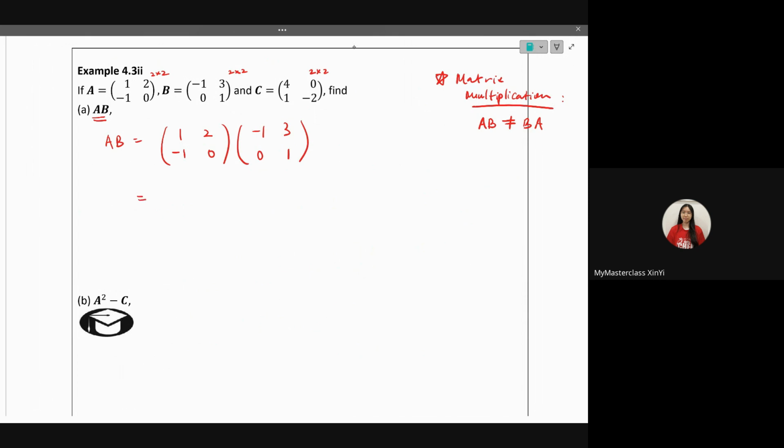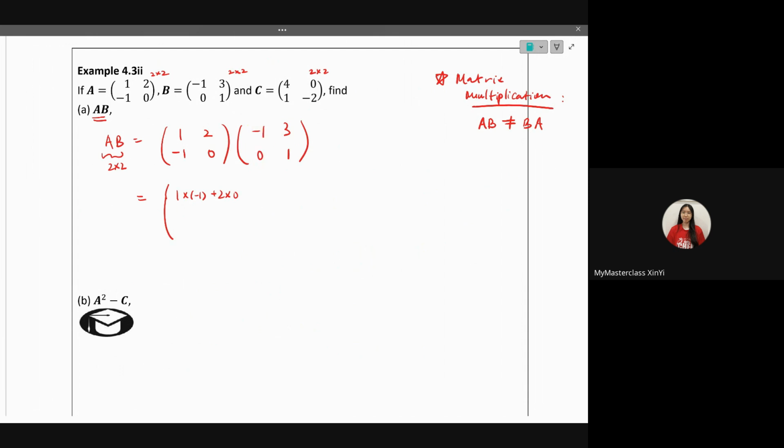Let's continue with this. Should be quite familiar by now. This should be a 2 by 2 matrix. Entry 1 is your row 1, column 1, so 1 times -1 plus 2 times 0.